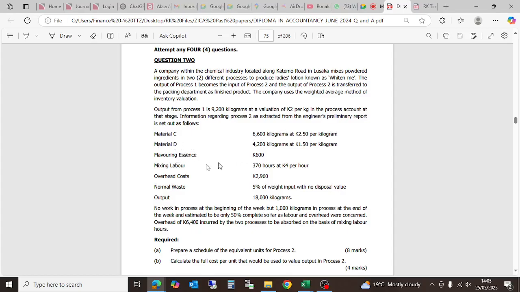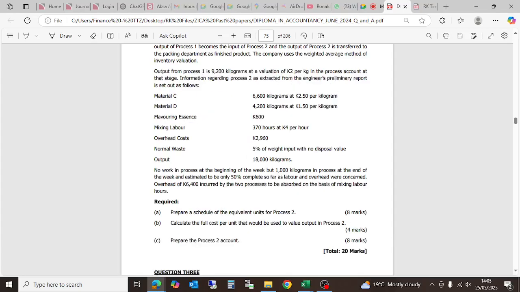Then we have the flavoring incense, mixing labor, and overhead costs. We have normal waste, 5% of wet input with no disposal value, no scrap value, by the way. Output is 18,000 kilograms. No work in progress at the beginning of the week, but 1,000 kilograms in process at the end of the week, estimated to be only 50% complete so far.